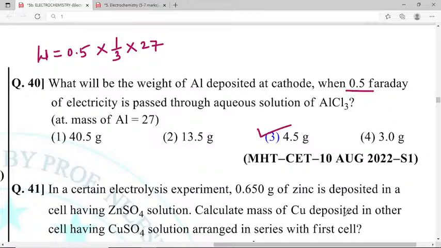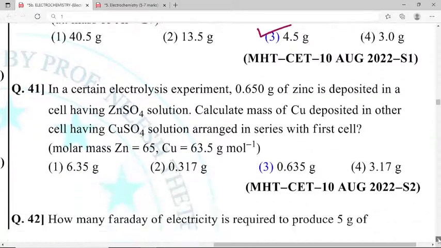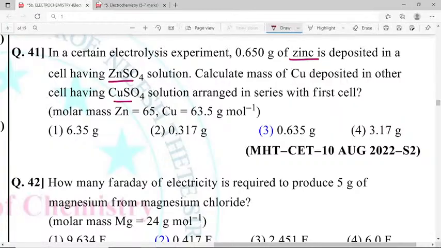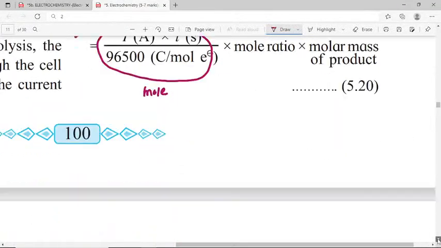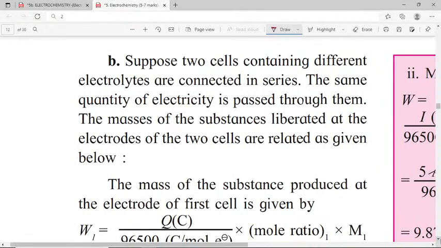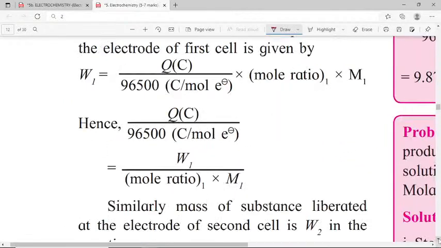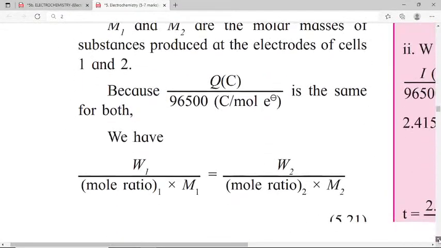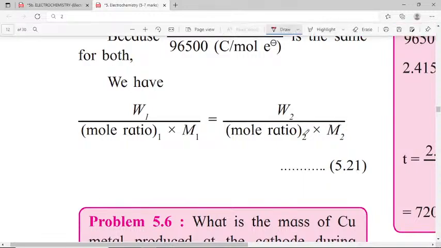Okay, next question. In a certain electrolysis experiment, 0.6 gram of zinc is deposited in zinc half cell solution. Copper is deposited from another copper sulfate solution. So what we have to use here? By using two different electrolytic solutions, if you use this formula: weight of the substance deposited.